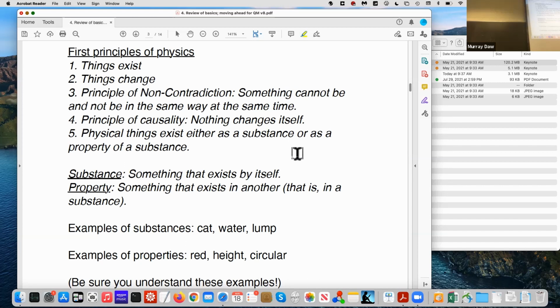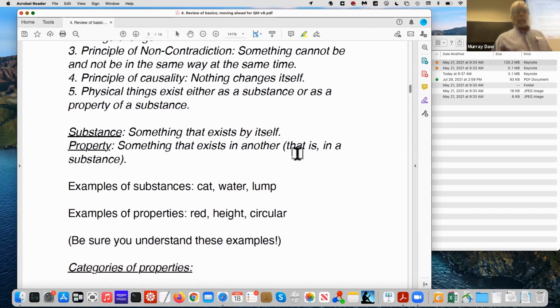Your position. My place. I changed place. Did my place change my place? What changed my place? My legs. Pushed against the floor, changed my place. Okay, so then you understand it. You have to understand these things. They're very simply stated, but they're very, very precise. They've been hammered on for hundreds of years.